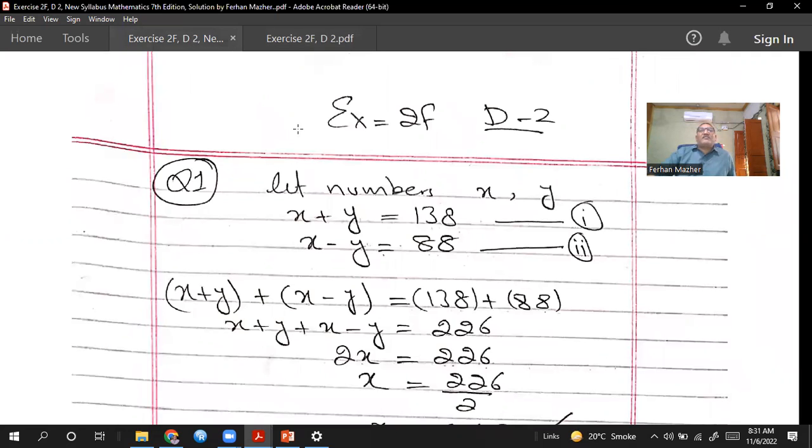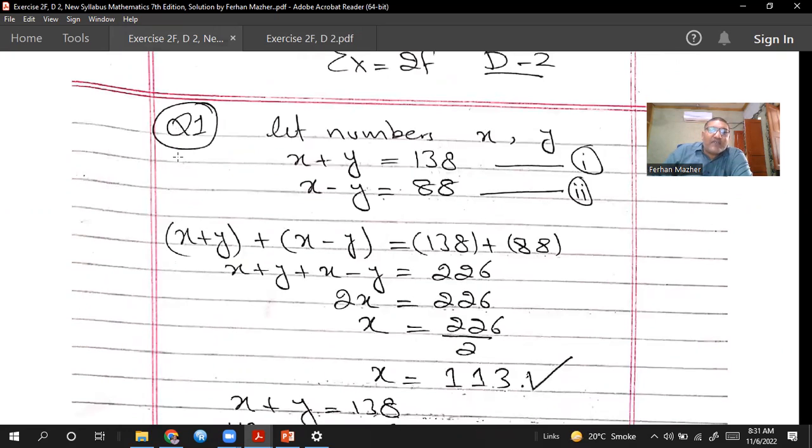So let's start. We have X plus Y equals 138 and X minus Y equals 88. You can see that X and Y have the same coefficients in both equations, and in the Y case, in one equation the coefficient is +1 and in the other equation the coefficient of Y is -1.